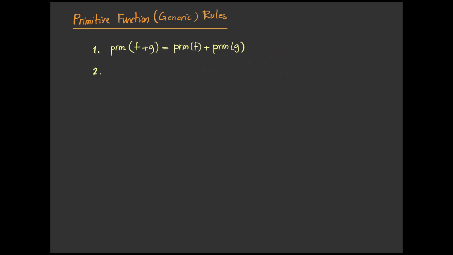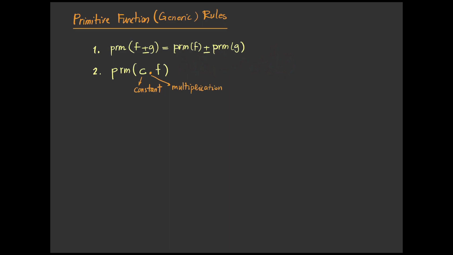Number 2 is the same thing, so let me not repeat it. Plus or minus, it works for both of them. And then there is one more rule, the primitive of a constant multiplied by a function. Let me emphasize constant, and that here it is the product, multiplication.